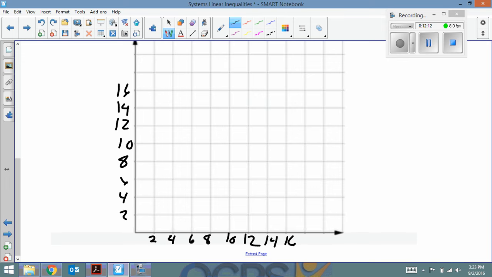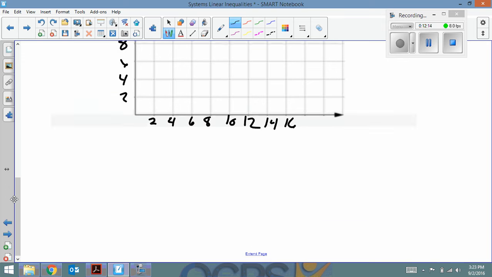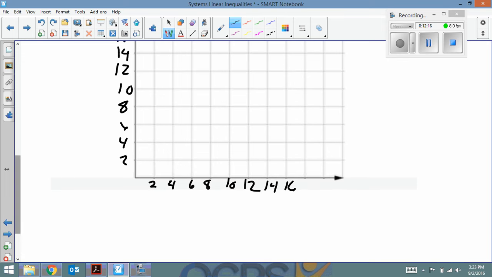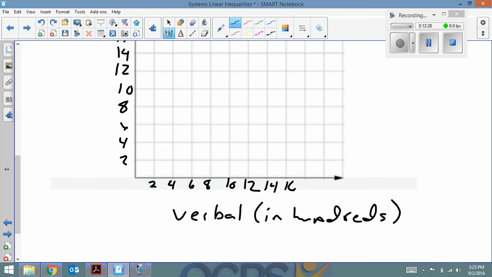Our x represents our verbal score in hundreds, and our y represents quantitative, and that again is in hundreds.